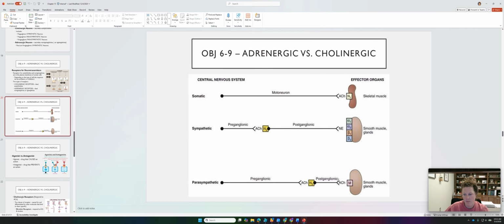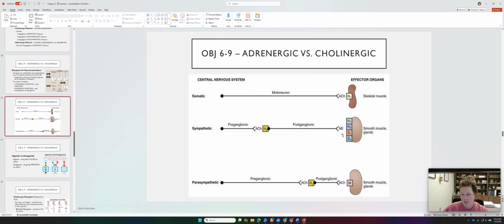Your postganglionic parasympathetic is going to release acetylcholine, and that's going to bind to a muscarinic receptor, which could be excitatory or inhibitory. It depends on the organ. And then your postganglionic sympathetic is going to release NE, which stands for norepinephrine. And so we could technically kind of interchange epinephrine, norepinephrine, which is the same as adrenaline and noradrenaline. And this is where you get the term adrenergic.